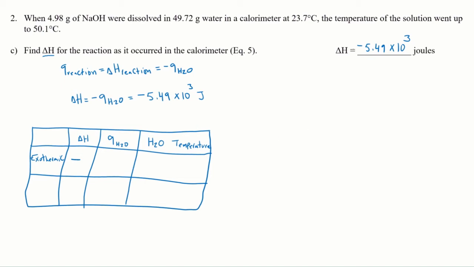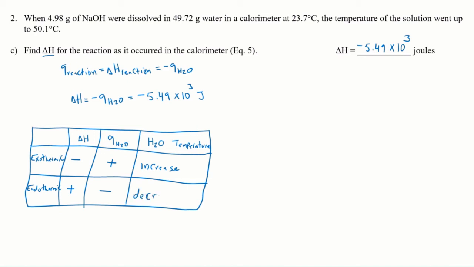We have right here a negative value for delta H. Q of water had a positive value, and the temperature of water will increase. If we have an endothermic process, delta H will be positive, Q of water will be negative, and the temperature of water will decrease.